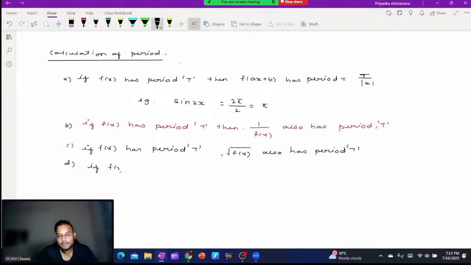If f of x has period T, then a f of x plus b also has period T only.